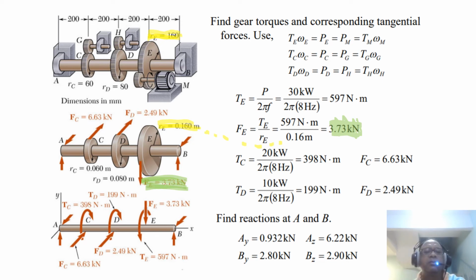Oh, it's not clear to you? Let me just underline it here: 3.73 kilonewton. So you repeat the same analysis for the torque at C, and you will have T_C equals 398 newton meter, which is here.